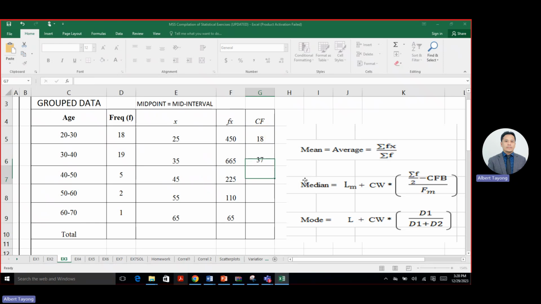You only need to get the first 2 values. You don't need to do it again here. Just select the second number and drag it down. As you can see, it keeps on adding. CF is also called the running total. It's adding as we move along.